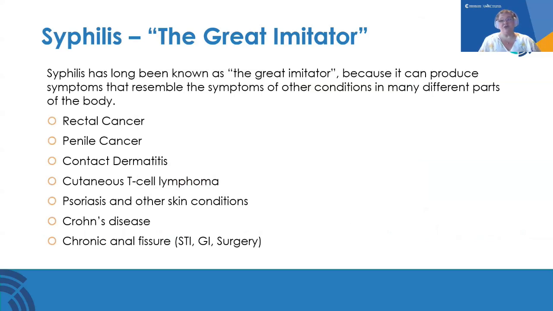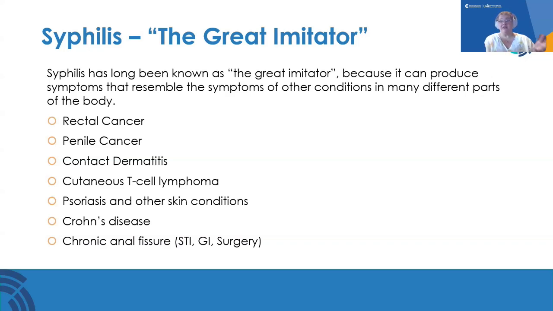It is called the great imitator, and that's because so many times it is misdiagnosed or not seen as what it really is. It can be diagnosed as rectal cancer or penile cancer.